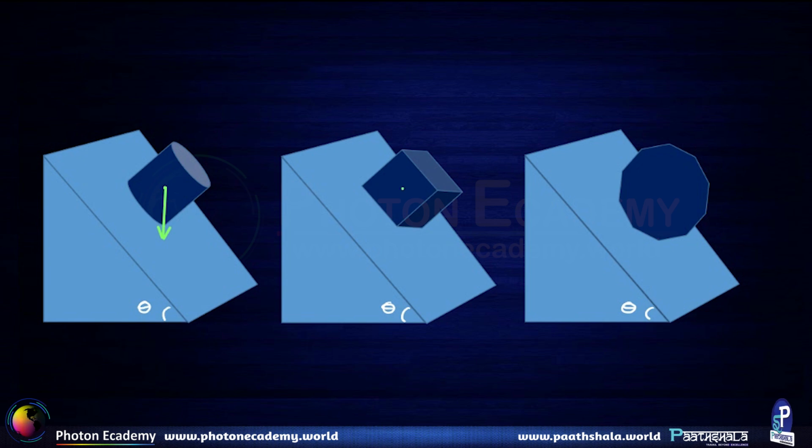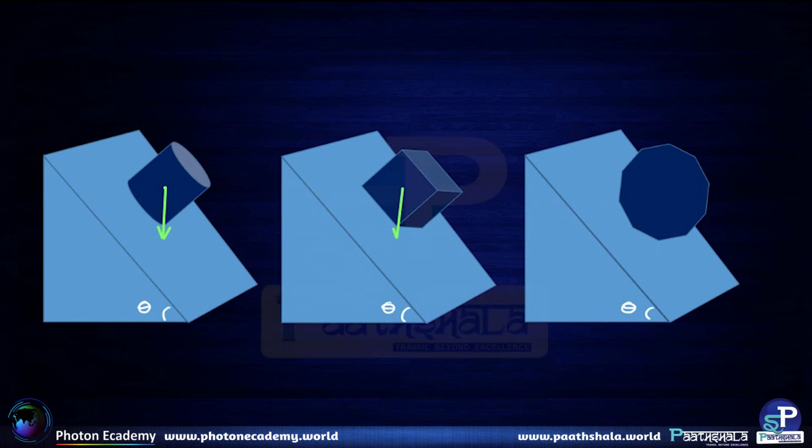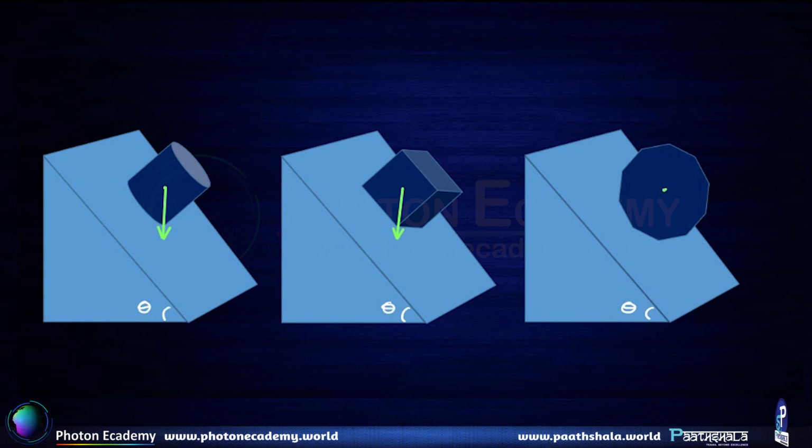For this one, the critical case would be similar. Center of mass is above the point or line of toppling, basically. For this one, let us say it's an n-sided polygon. To be exact, 1, 2, 3, 4, 5, 6, 7, 8, 9, 10. So a 10-sided polygon is there. Let us say this is the center.